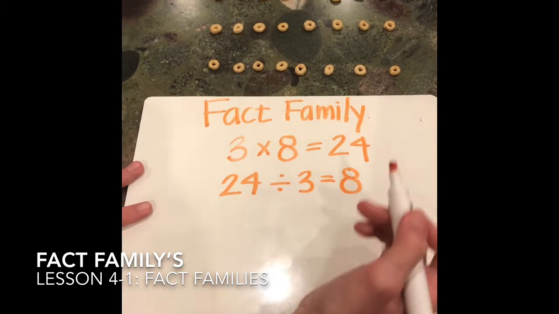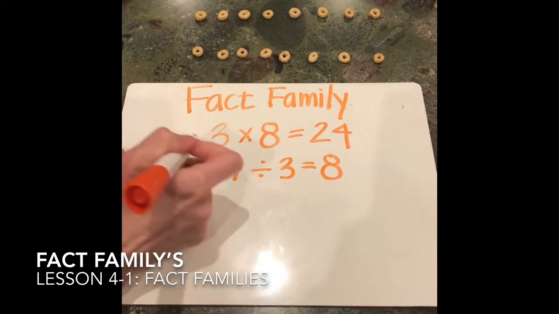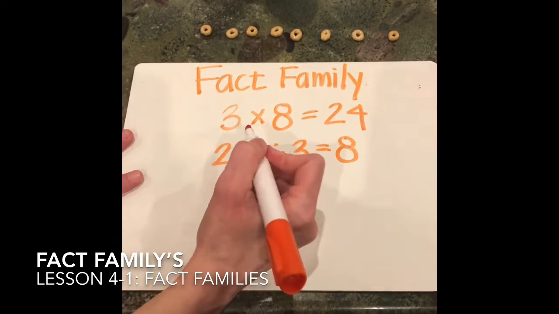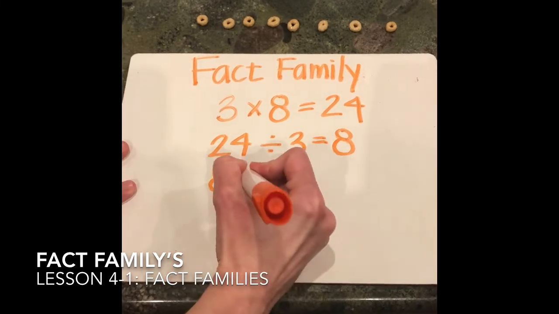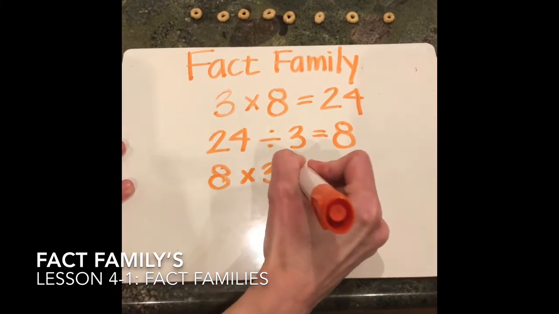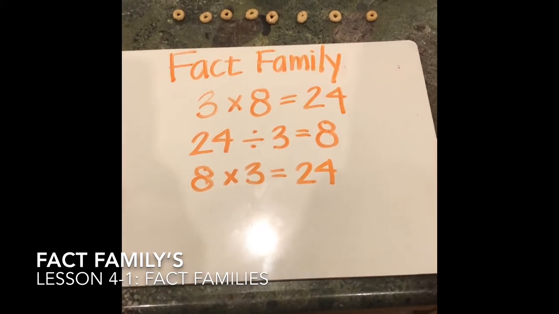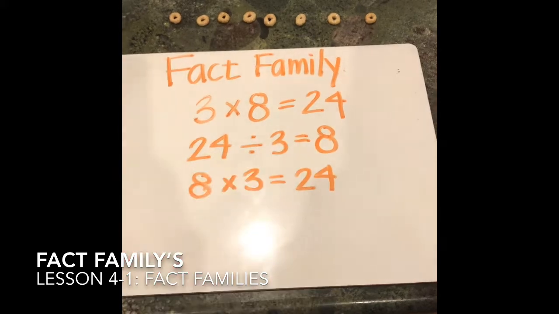I can do more equations based on this first array. Because of the commutative property, I know that if 3 times 8 equals 24, that 8 times 3 also equals 24. Because I just changed the factors. I also know, let's say that 24 divided by 3 equals 8.